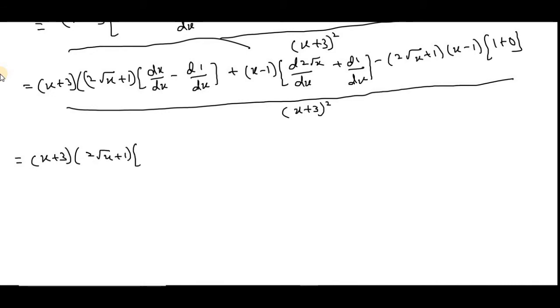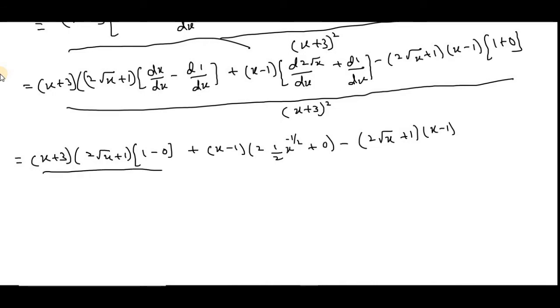(x + 3), (2√x + 1), 1 minus 0, plus (x − 1), 2 times 1 by 2 x raised to power minus 1 by 2, plus 0, minus (2√x + 1)(x − 1), over (x + 3) whole square.